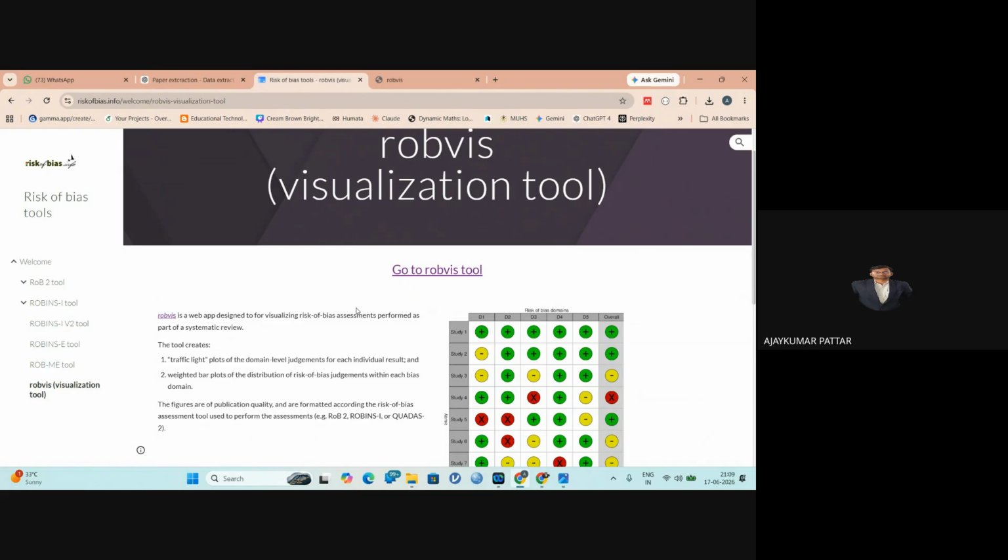RevMan, in the initial days or some previous years, was free. Those who downloaded and have the desktop version are using it, but now RevMan is a paid version. Cochrane members have access, or if you want we can pay for it, but I do not have that account, so I have not explored it.